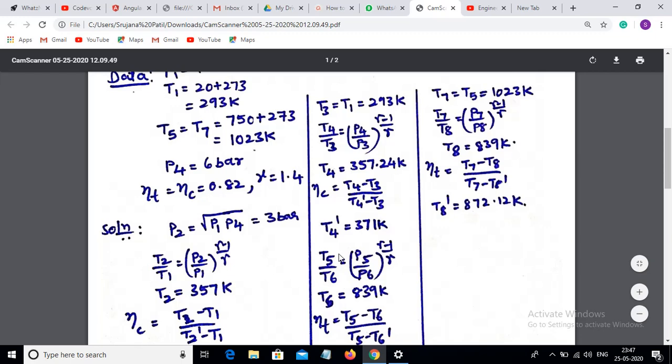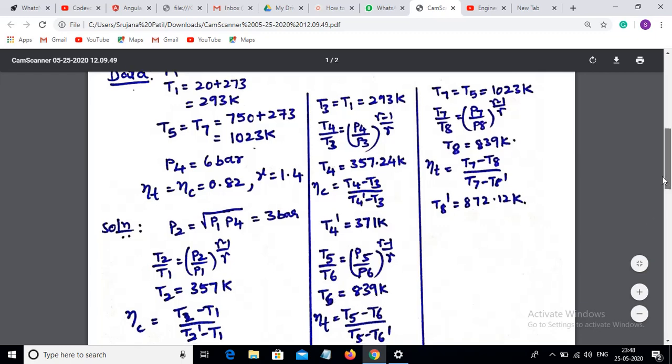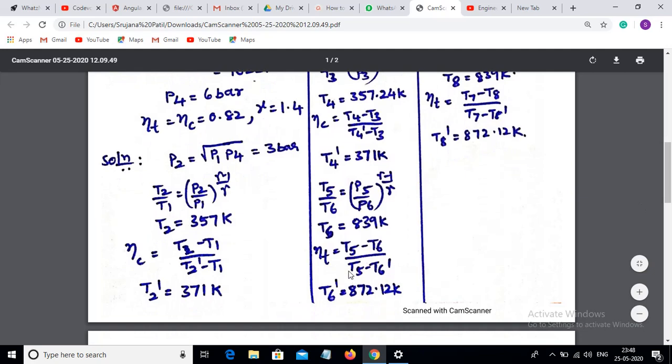Now come to the first turbine. It is T5 by T6 is equal to (P5 by P6) to the power of (gamma minus 1) divided by gamma. We have to find out the T6 value because T5 is known. So T6 is equal to 839 Kelvin. By taking the turbine efficiency and putting in all these values, we obtain T6 dash, 872.12 Kelvin.